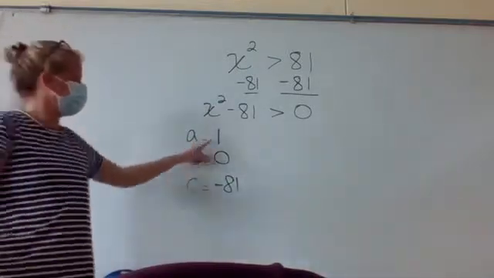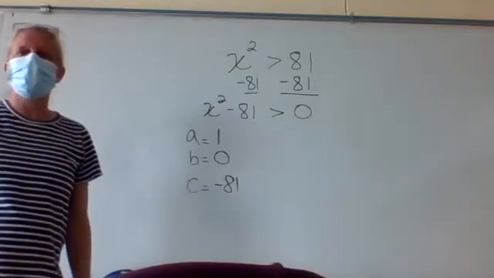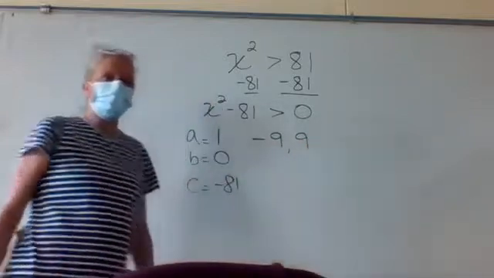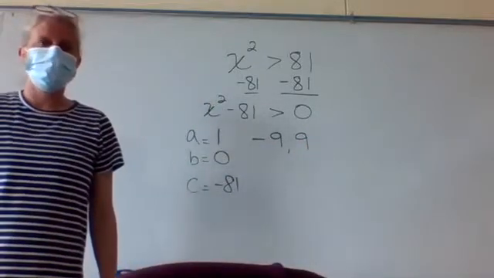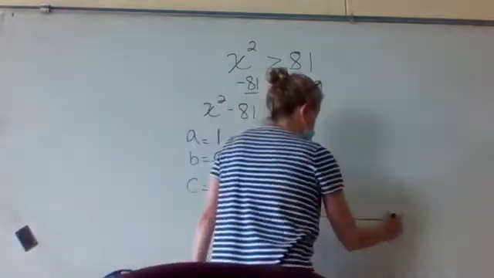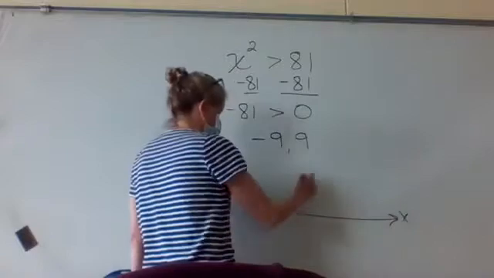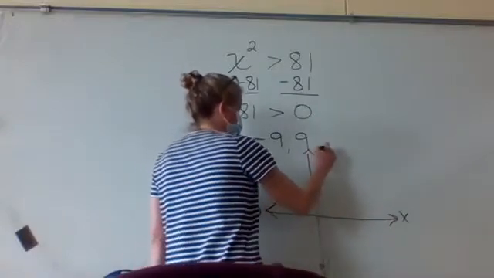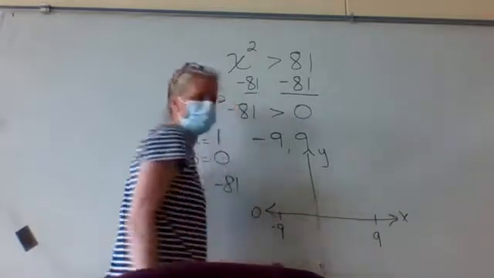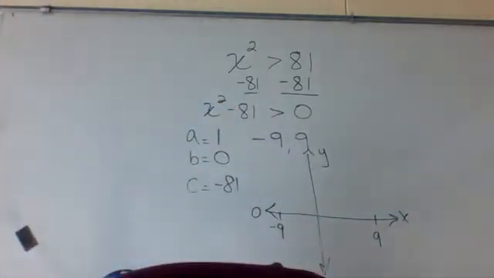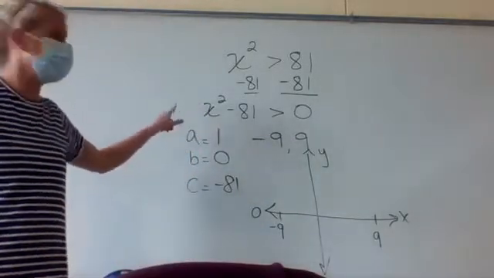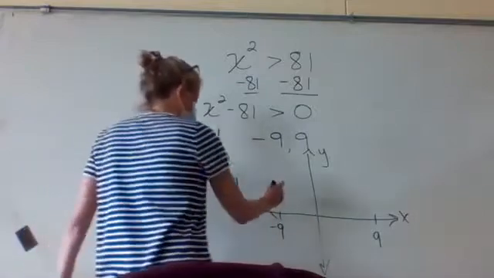So when you put these numbers in for your A, B, and C, you're going to get negative 9 and positive 9. So those are your x-intercepts. I'll just say that's where positive 9 is, and that's where negative 9 is. My x squared is positive again, which means, again, it's a regular parabola.